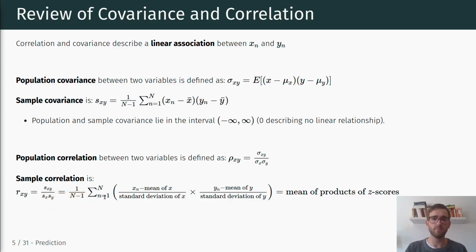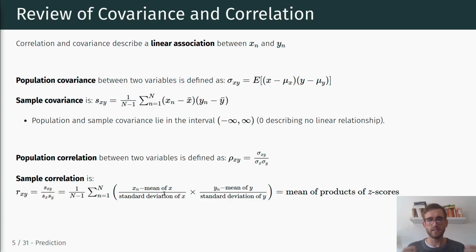And in the book, you can directly show that this is mathematically equivalent to basically the product of the z-scores. So xn minus mean of x, so that's again xn minus x bar here, times yn minus mean of y, so that's yn minus y bar, and divided by the standard deviation of x and the standard deviation of y, as we see here as well.